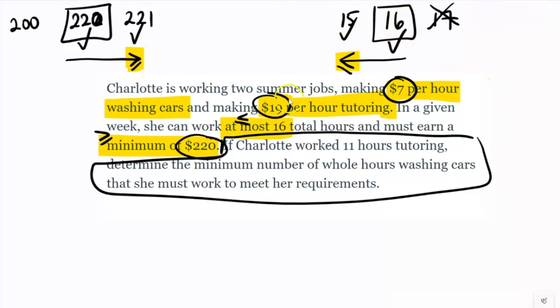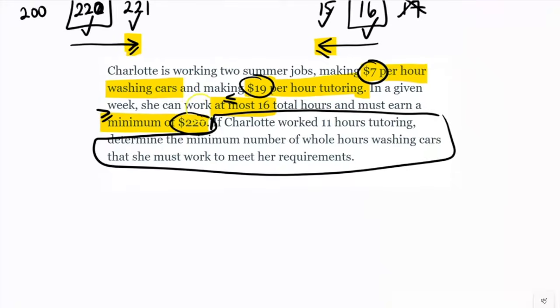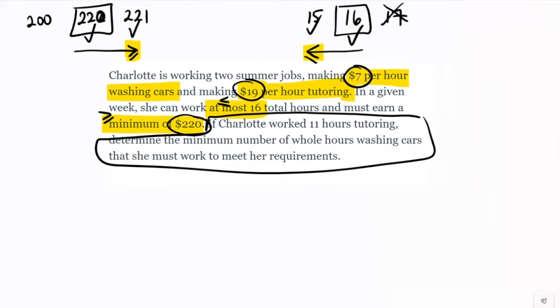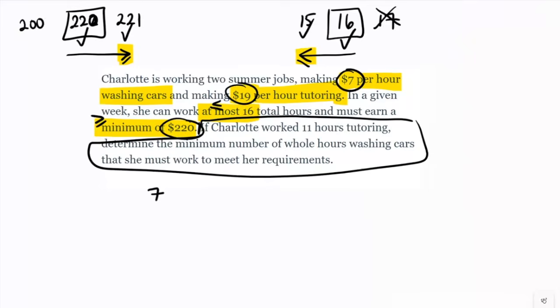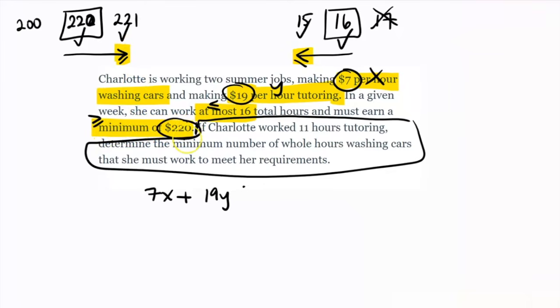So I've circled my money, money, money. Let's put that in order. 7 washing cars. Because they didn't tell me, I'm going to use the first one as X and this one is Y. So 7X plus, what's my next number? 19Y. And then the last number is minimum of 220, which means greater than or equal to 220.